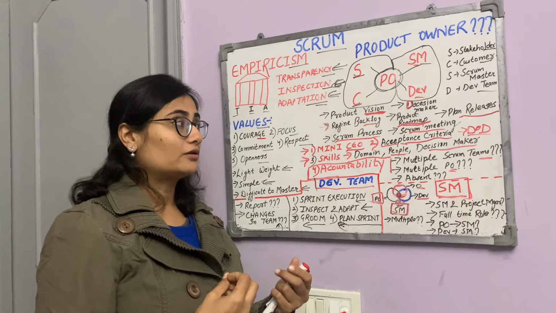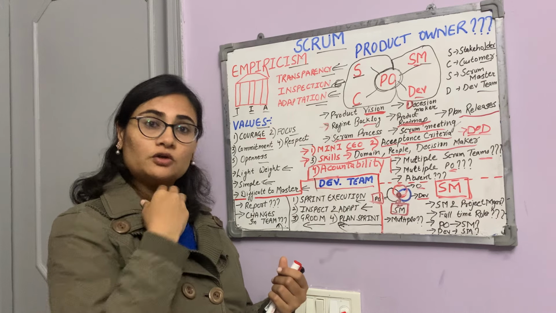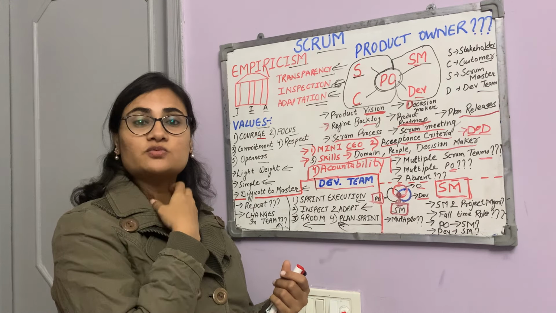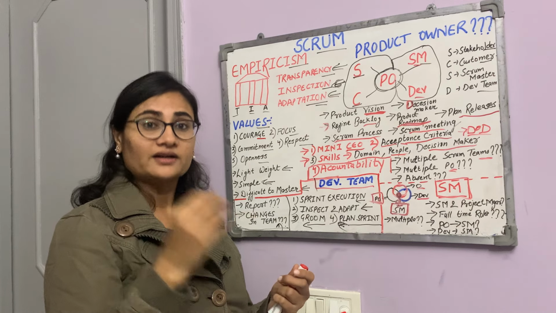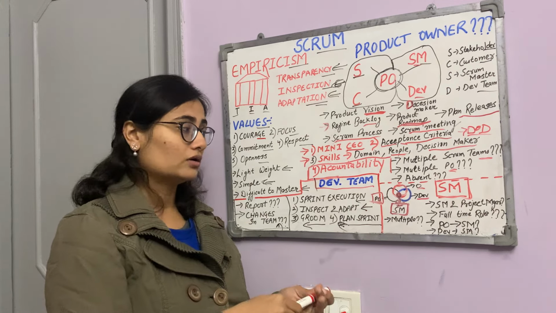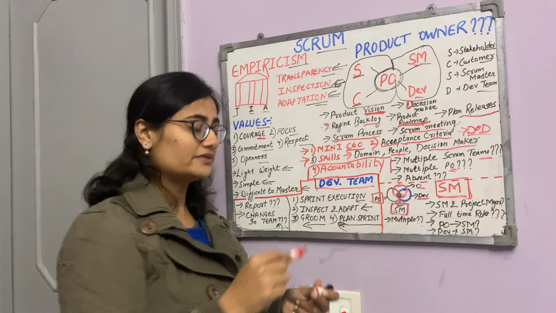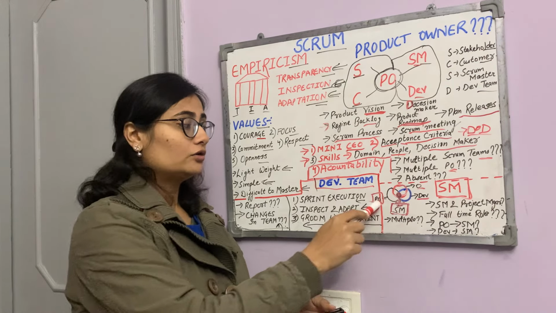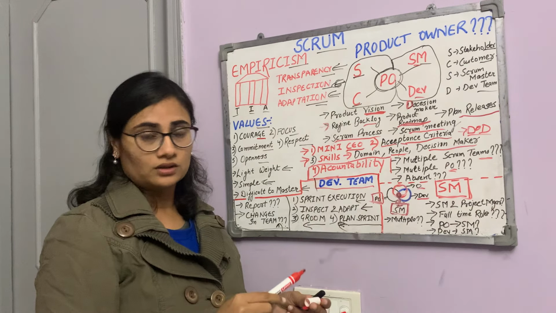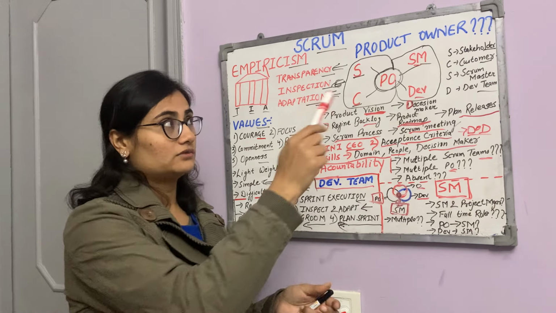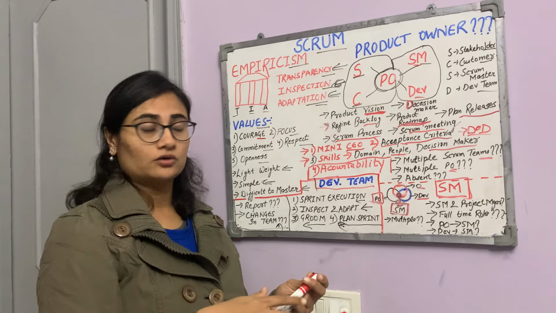We know the product owner is responsible for maintaining and updating the product backlog artifact. So the Scrum Master always helps the product owner with better product management and with refining the backlog.